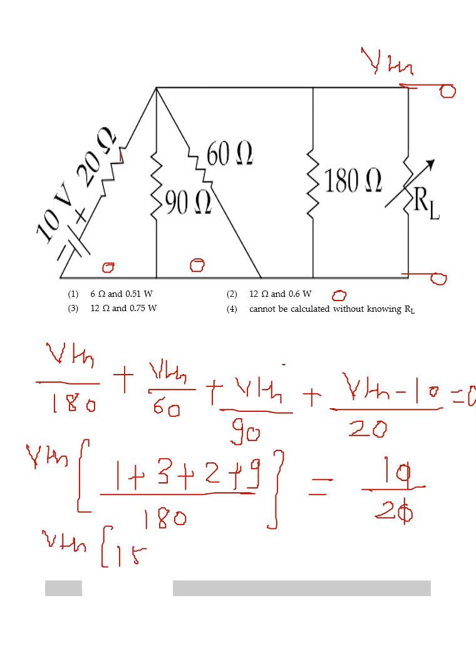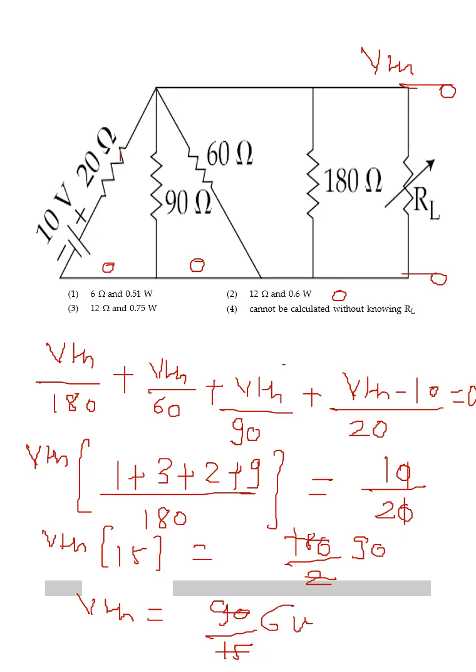So VTH times 180 divided by 2, that is 90, and then VTH is 90 by 15, which is 6 volts, right? So if I calculate VTH square divided by 4 RTH, it will be 6 into 6 divided by 4 into RTH.